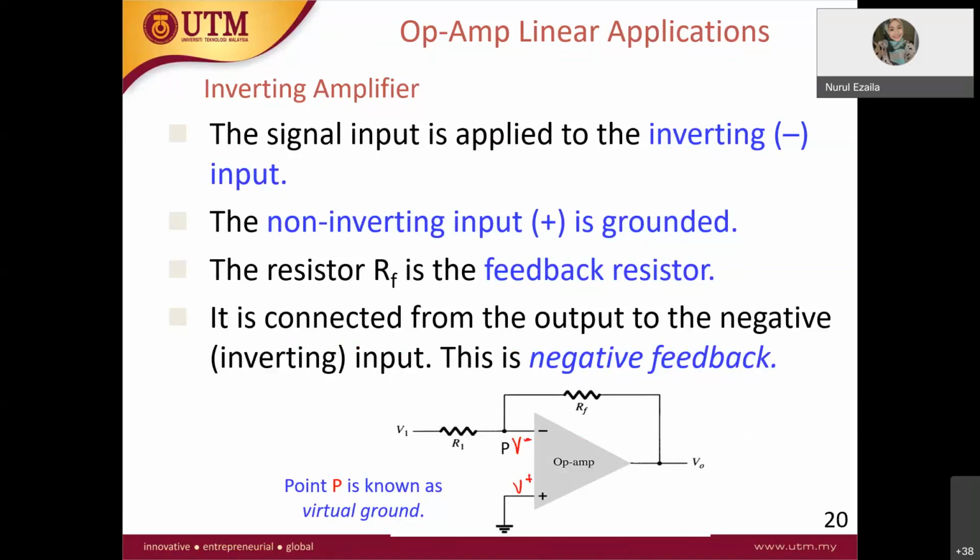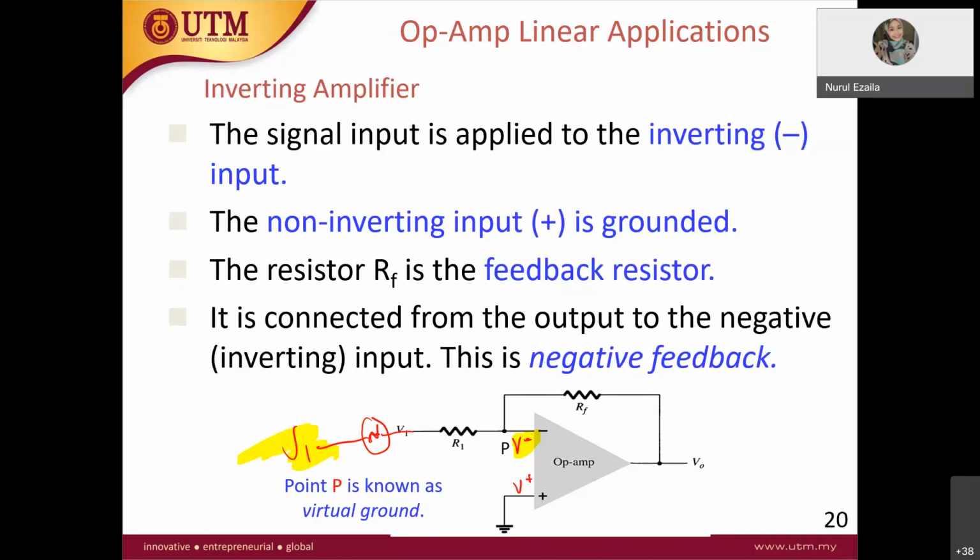For an inverting amplifier, the input voltage, for example V1, is connected to the negative input of the op-amp, the inverting input. Therefore, we call this amplifier an inverting amplifier. When your voltage supply V1 is connected to the negative input, then this is an inverting amplifier.